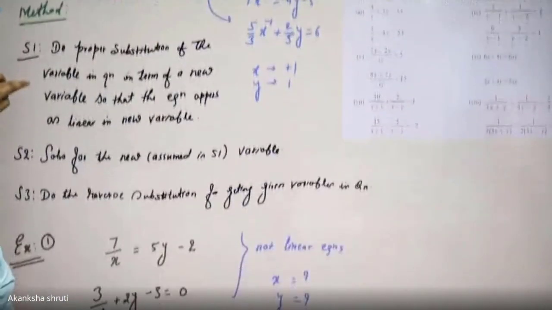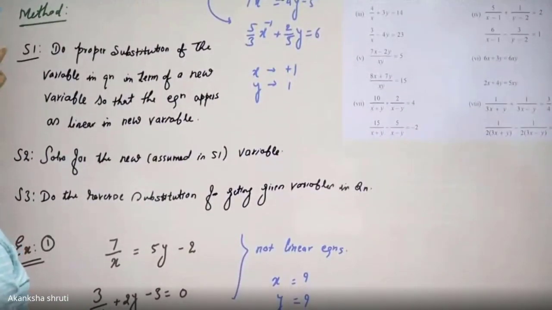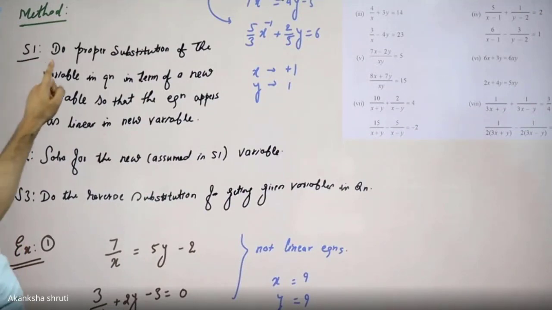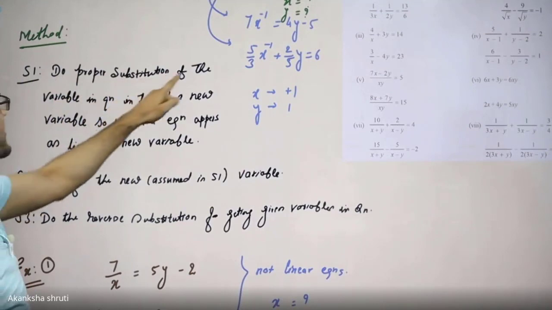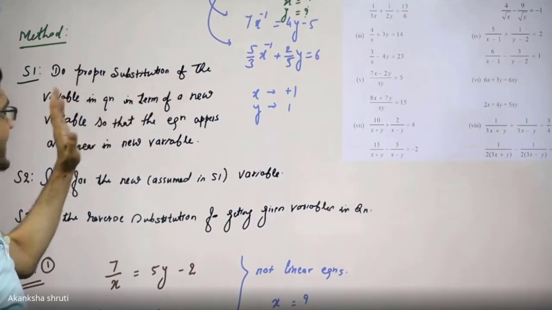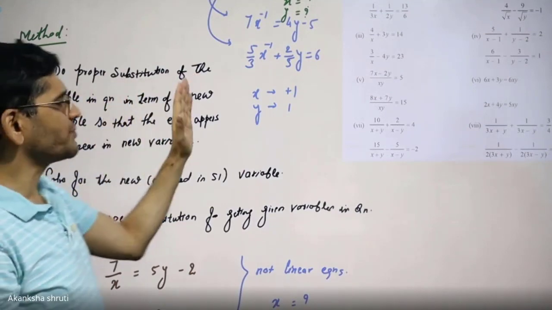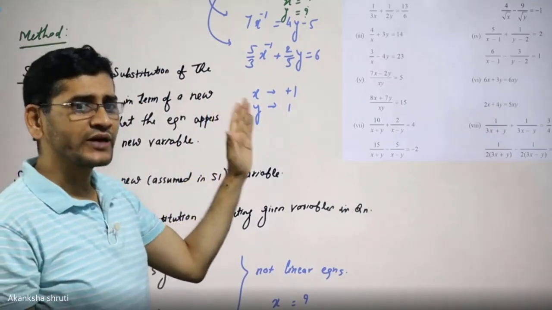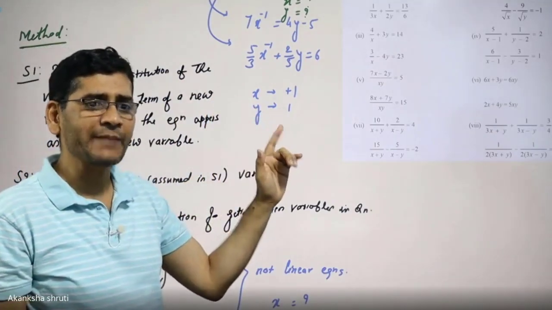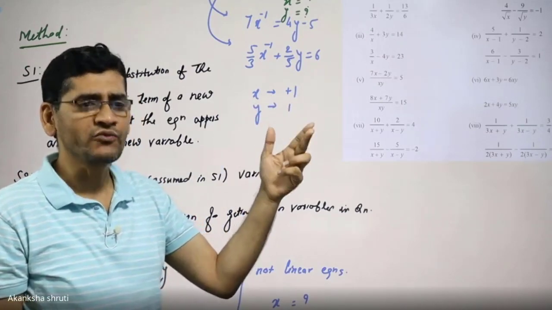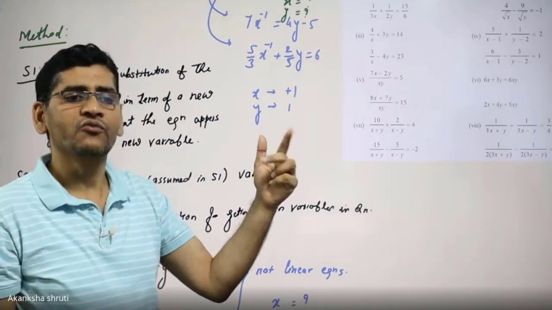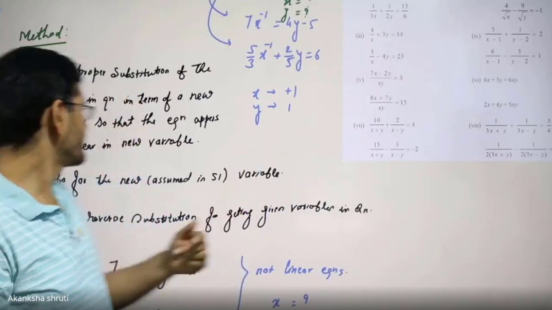Here, the important steps are, the first one is you have to do the proper substitution. Do proper substitution of the given variable in the question in terms of a new variable, so that the equation appears as a pair of linear equations in new variables, or one old, one new.